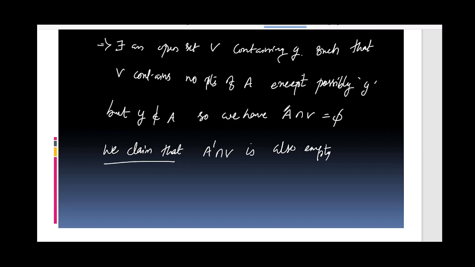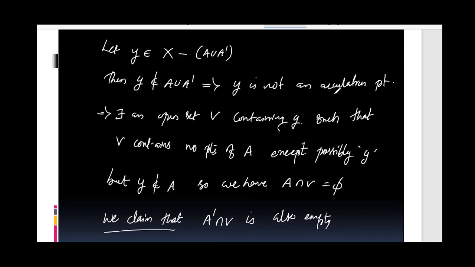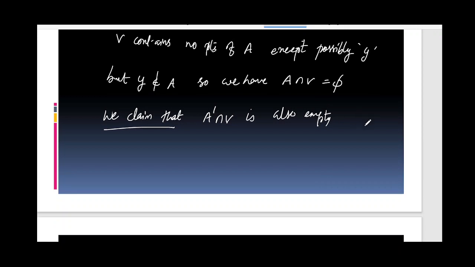Whenever we prove that A intersection V and A dash intersection V are empty, V does not belong to A union A dash, so V belongs to X minus A union A dash. So we will get that open set. That's why we are proceeding like this.